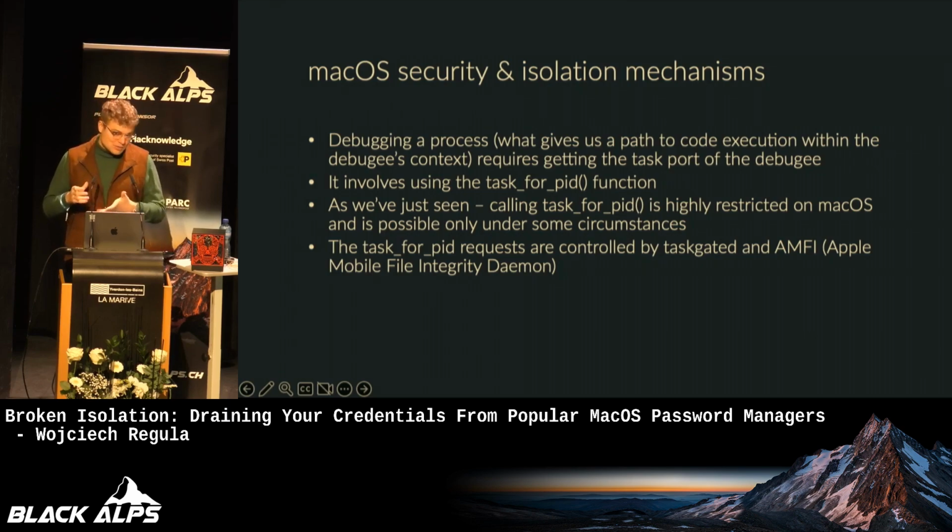It is a Mach trap, the syscall in this part of the world. And as we have just seen, calling task_for_pid is highly restricted, and it would be possible only under really strict circumstances. All of these Mach trap requests are controlled by taskgated and AMFI, which stands for Apple Mobile File Integrity.